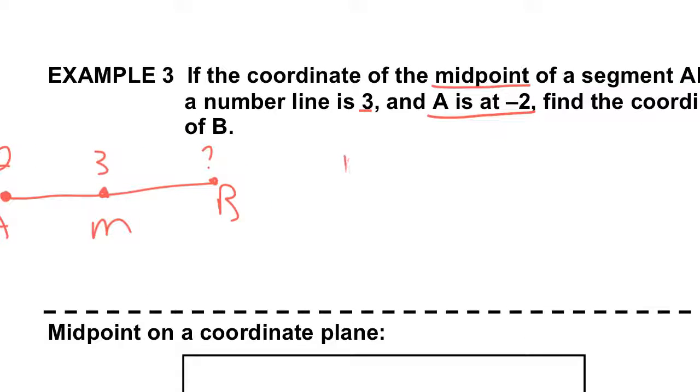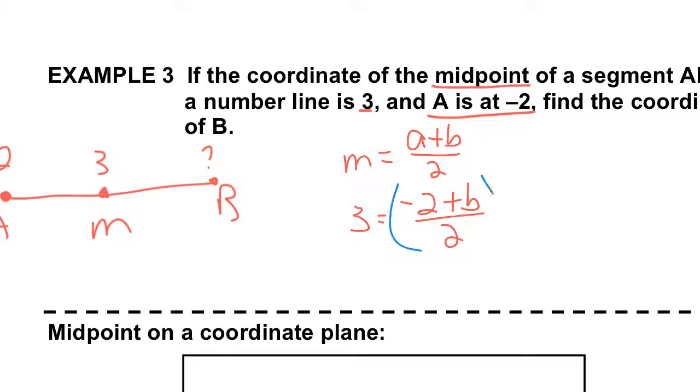So what we're going to do is work it kind of the same way. Remember, we have M equals the sum of the endpoints divided by 2. Well, now we know M is 3. Let's see, we know A is -2. I'm going to have to add B to that and divide it by 2. So we got a fraction running around here. If there's just a fraction over here, which that's all we have, -2 plus b over 2, get rid of it right off.